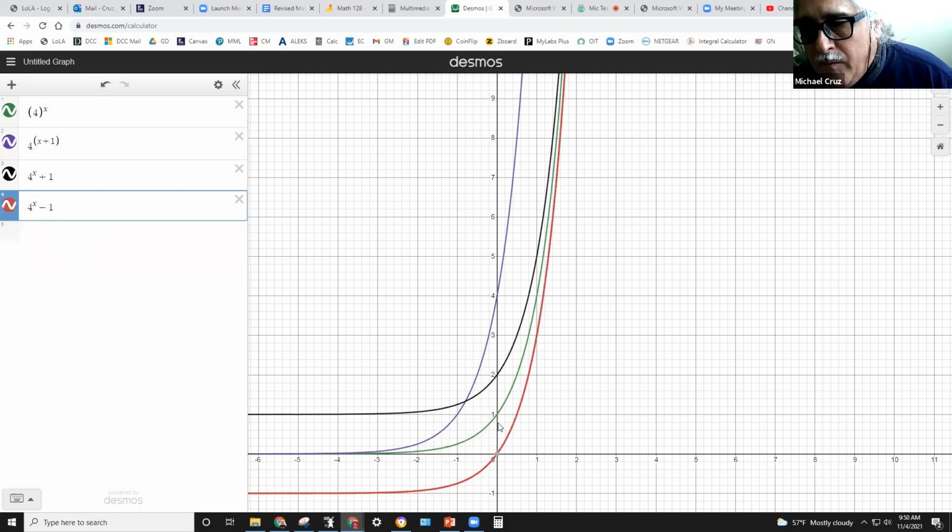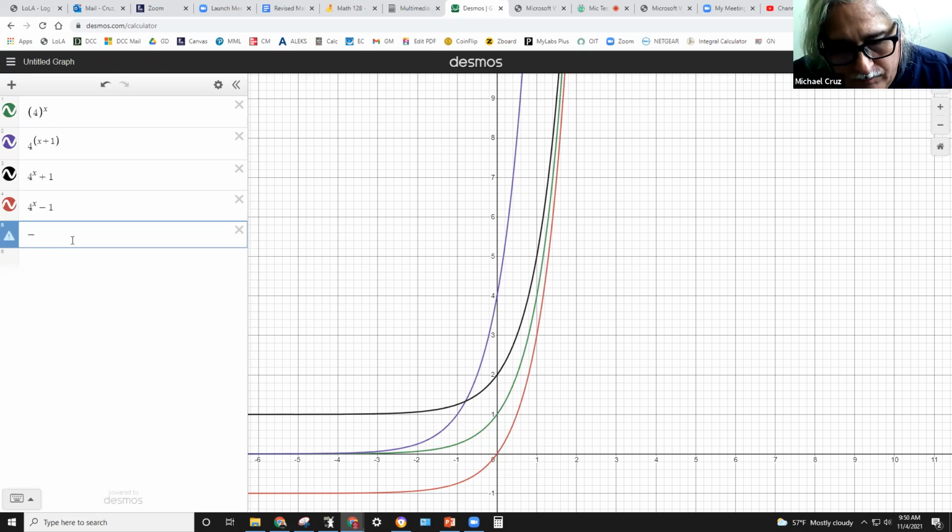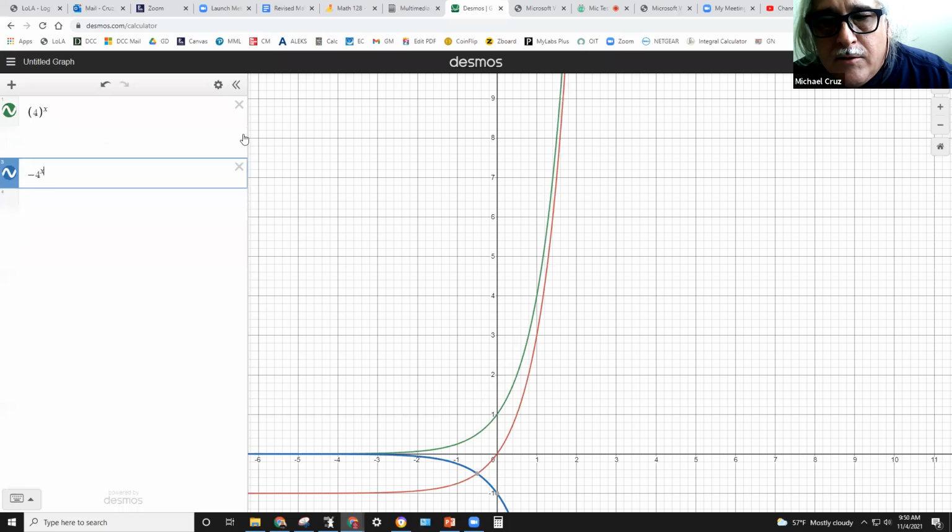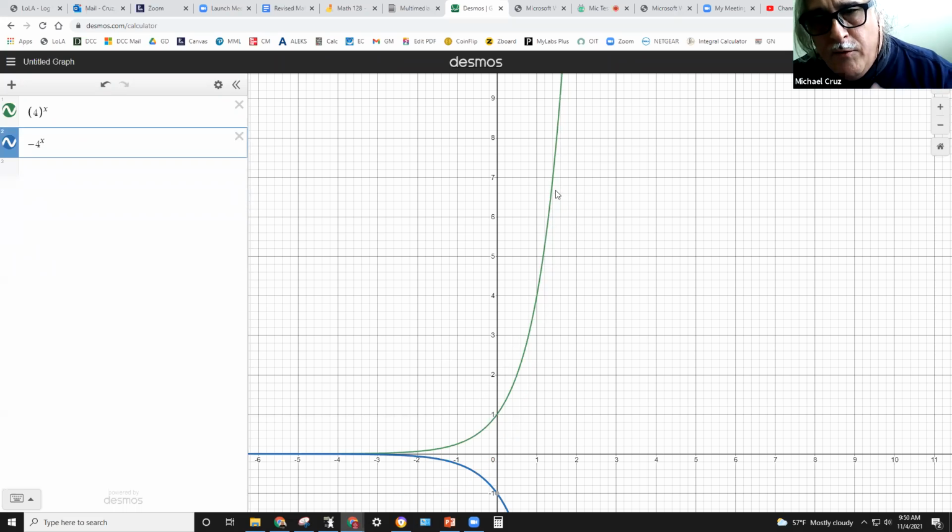See that? Up 1 for the +1, down 1 for the -1. And then that one takes the original function, this one right here, and it flips across the x-axis.